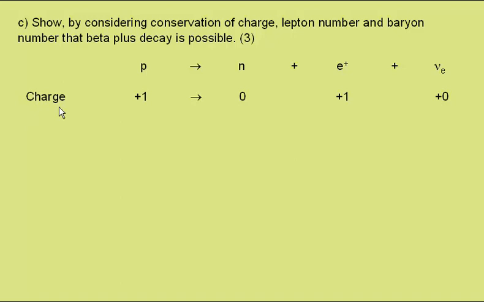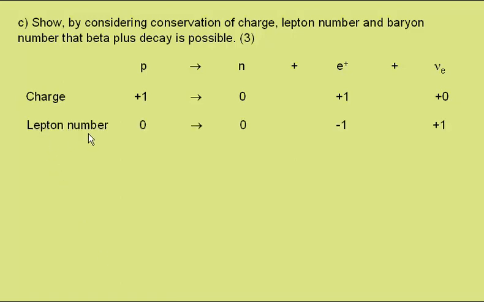Firstly, charge. Proton has a charge of +1, neutron is neutral, positron charge of +1, electron neutrino is neutral, and 1 does equal 0 plus 1 plus 0, so the conservation of charge law is obeyed.